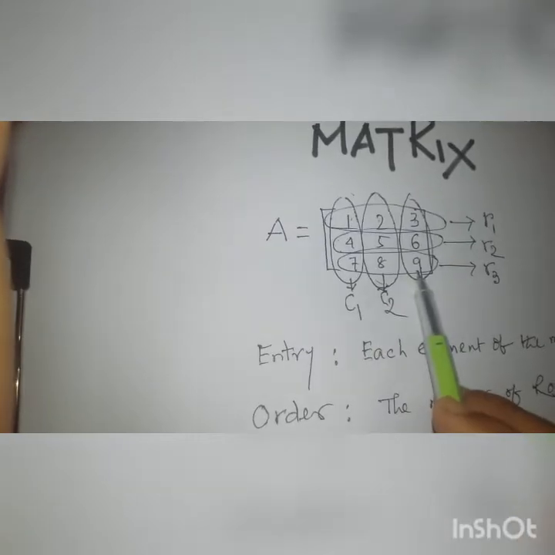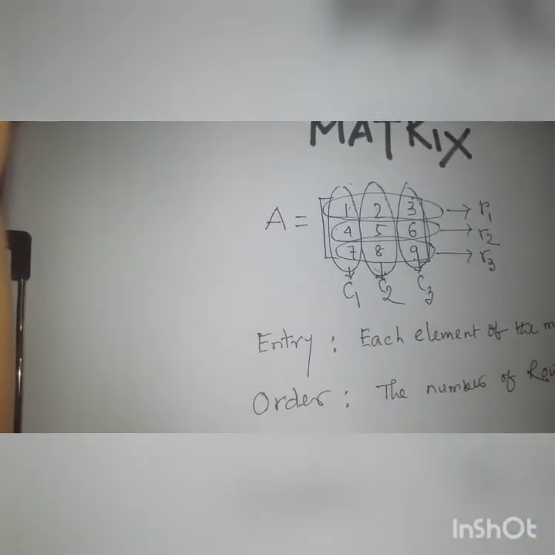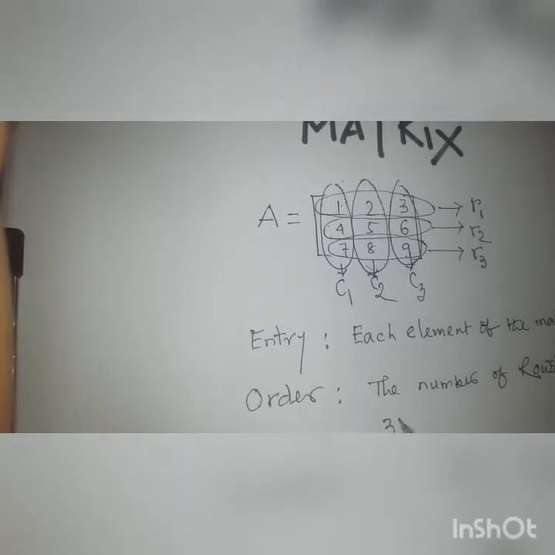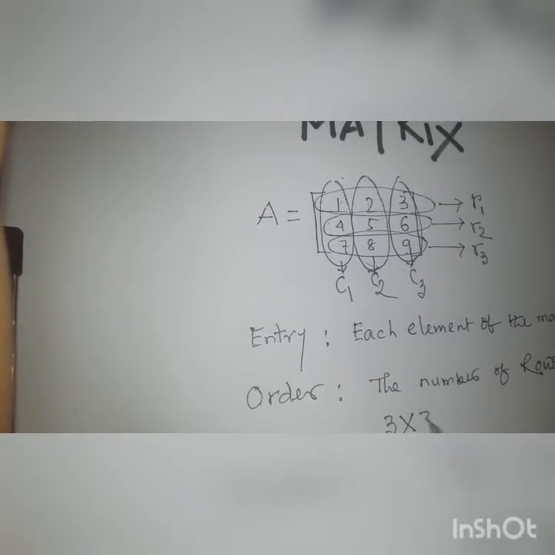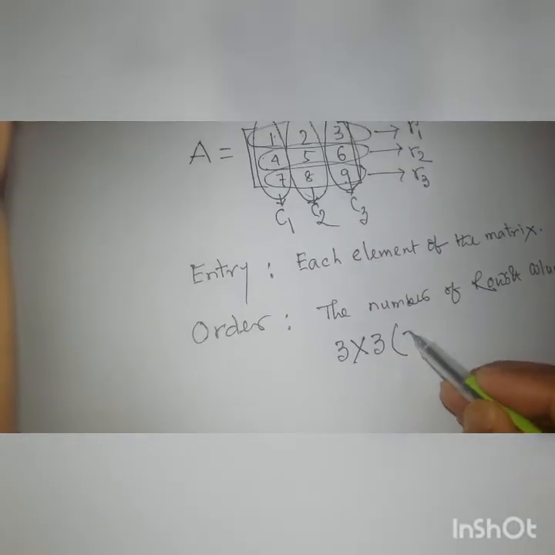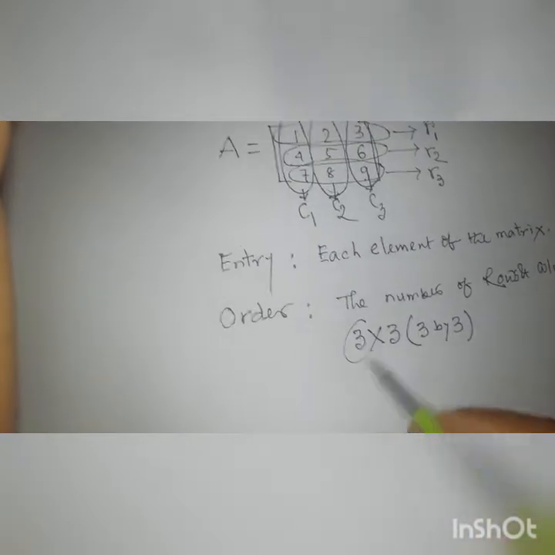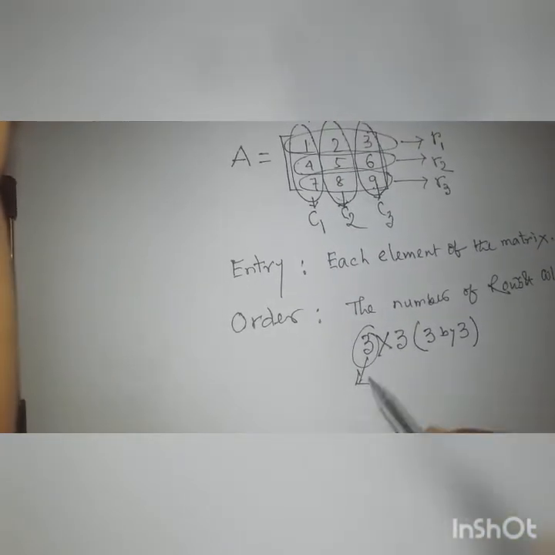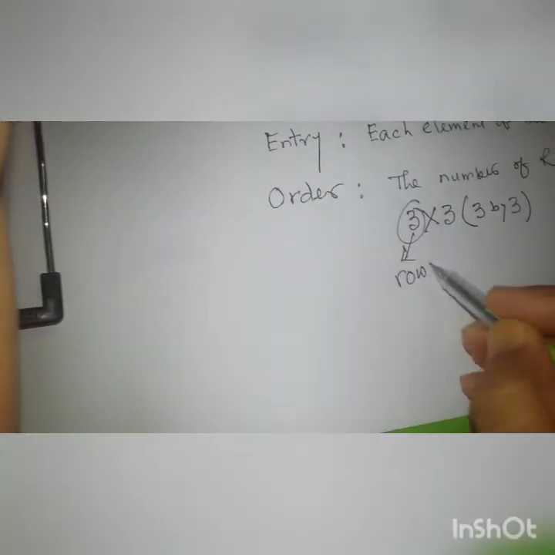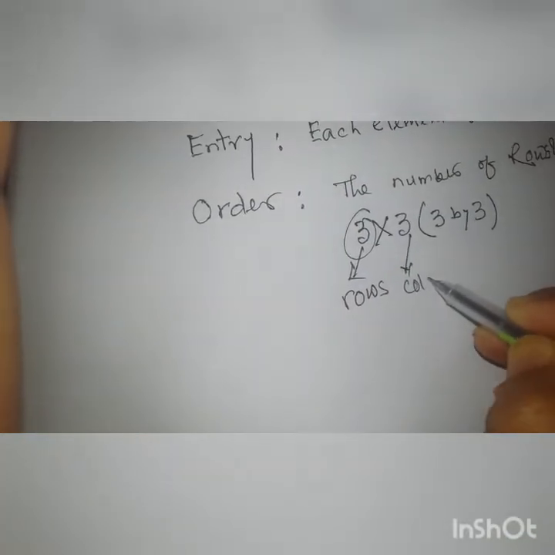So there are 3 rows and 3 columns, so the order of this matrix is 3 into 3, but we have to pronounce it 3 by 3. The first 3 represents the number of rows, and the second 3 represents the number of columns.